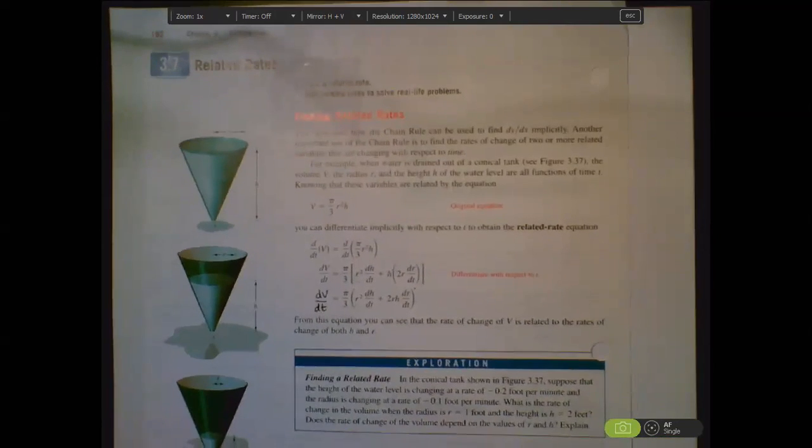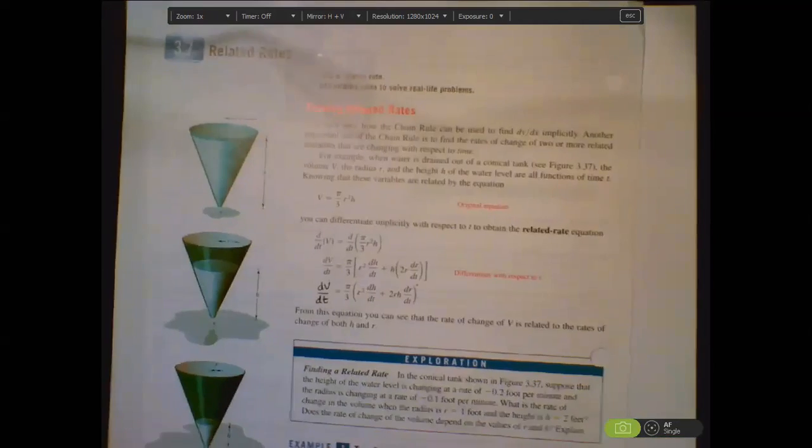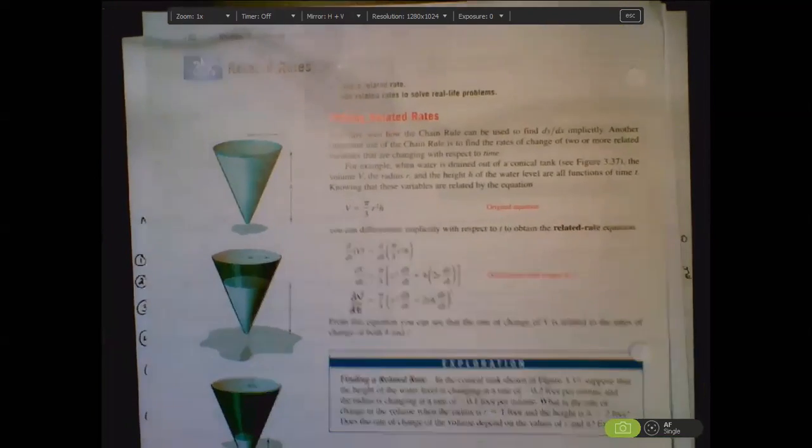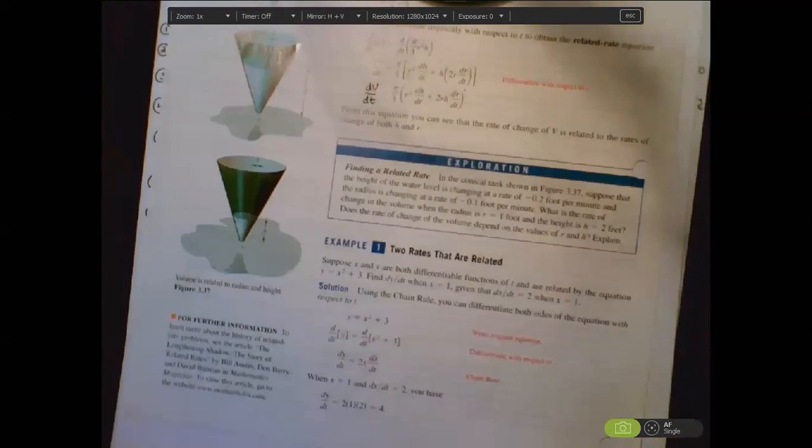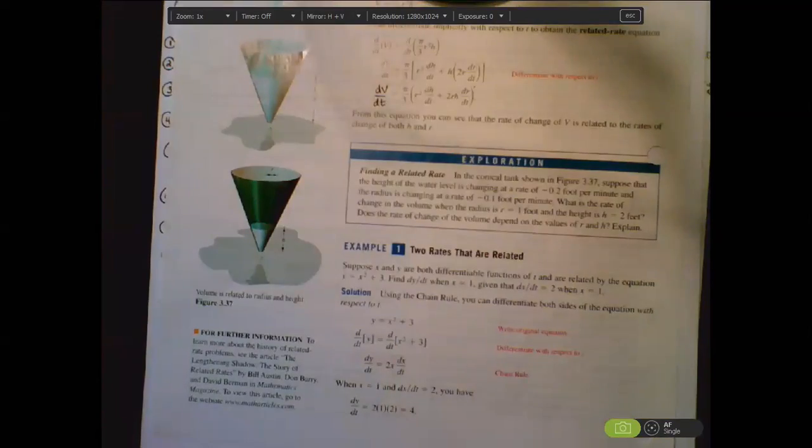Well, actually, let's just work our way up to that for a minute, and you may be able to fast forward through part of the video, but somehow I feel like if we talk through a few examples together, it might be more helpful than just watching the video on this. Let's look at example 1, and then we will talk about the box at the bottom of page 183.